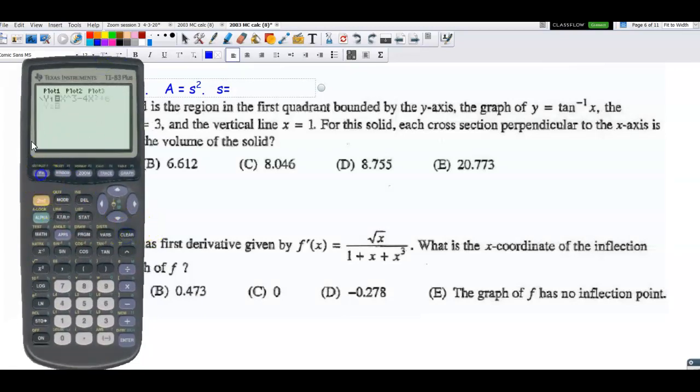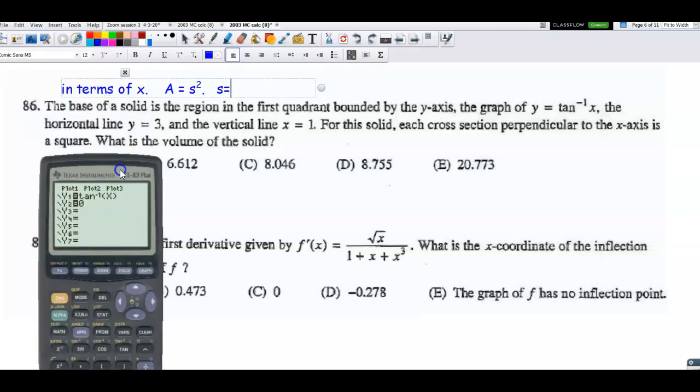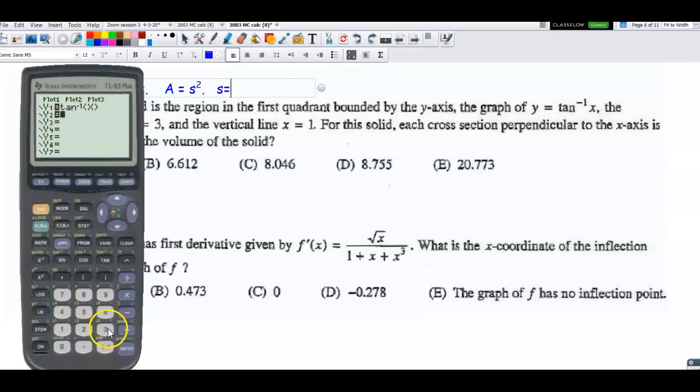So clear, and y equals, and clear, and we have second tangent, so that's inverse tangent of x. And we have the line y, make sure, yeah, we have the line y equals 3. And let's see what that looks like.